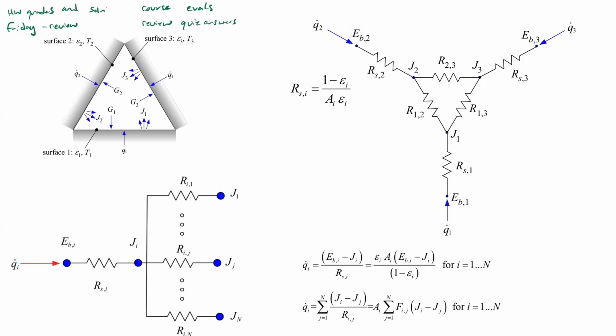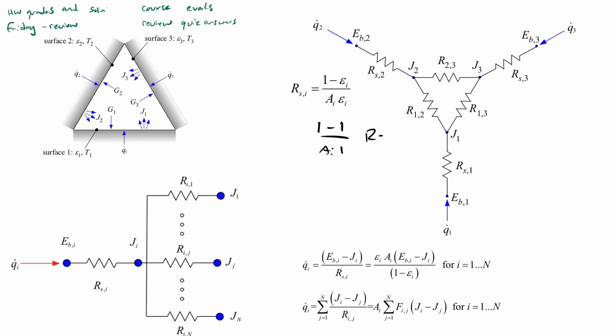And we said that if emissivity is equal to 1, then that essentially short circuits this resistance up here, the surface resistance. And then black body is equal to radiosity. And just to think about that, because we glossed over it, why is it the case that if it's 1, that happens? So we'd have 1 minus 1 over A I times 1, right?